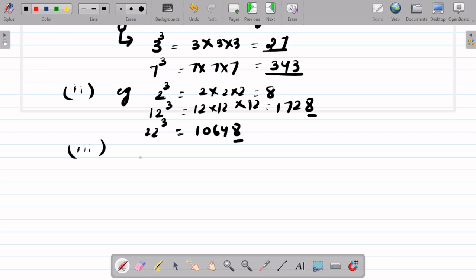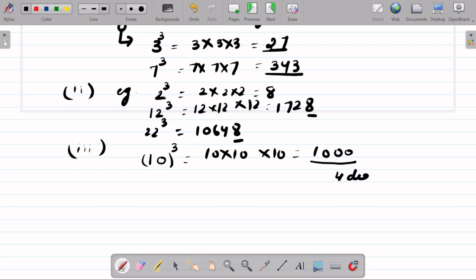But we have the minimum number, like 10 is the smallest 2-digit number, and when I'm cubing it, 10 into 10 into 10, we get 1000, which has 4 digits. This is clear.